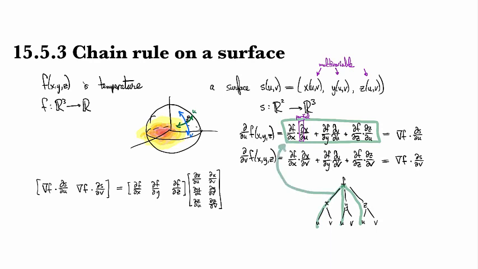And then similarly, if you want to do how f depends on v, then you use chain rule using these terms here coming down the other side of the branch of the tree, and that gets you all of these ones right here.